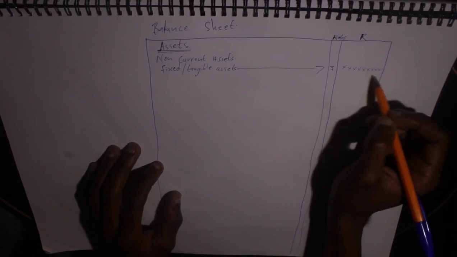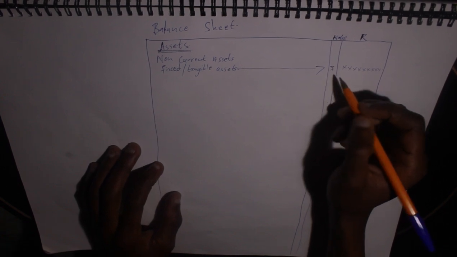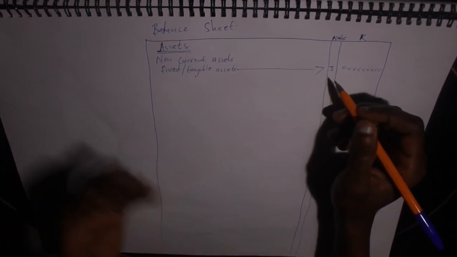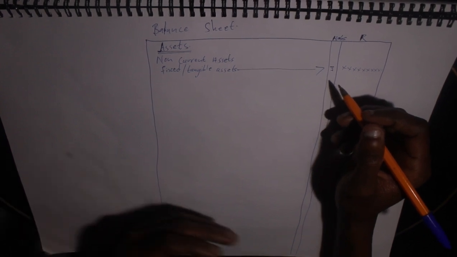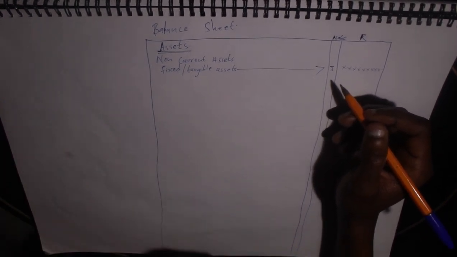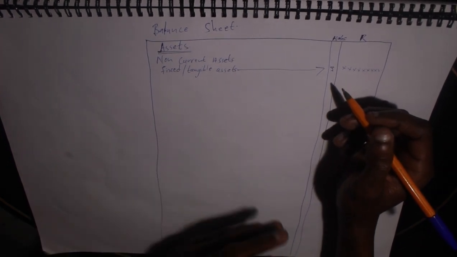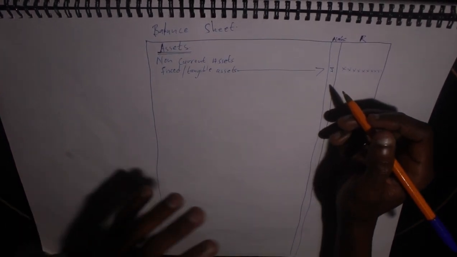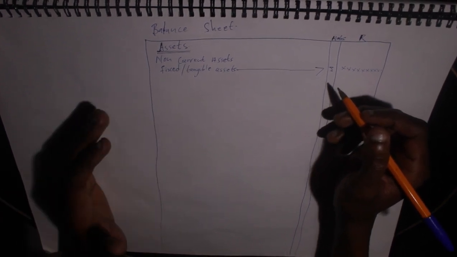You put the figures here. Of course, there's a way on how to complete a note number 3, which is going to be a step that we're going to focus on in our next video when we do notes. For now, I just want us to focus on the structure of the balance sheet and what is expected of you.